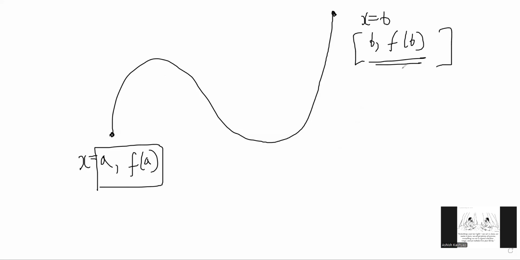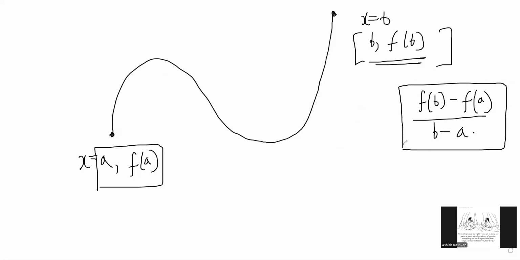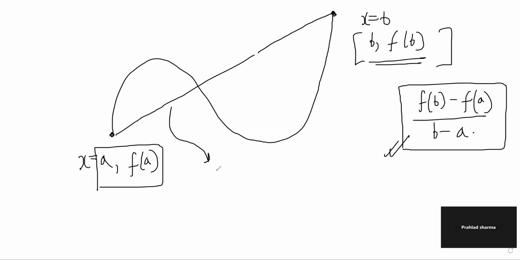Now, what is the meaning of (f(b) minus f(a)) by (b minus a)? Think about it. Geometrically, what do you think is the meaning of this? This is the slope of this line, no? Yes.